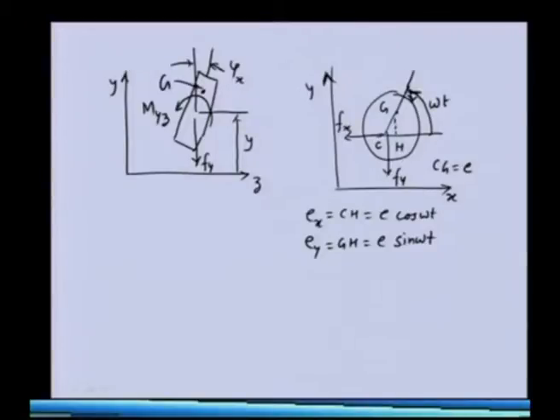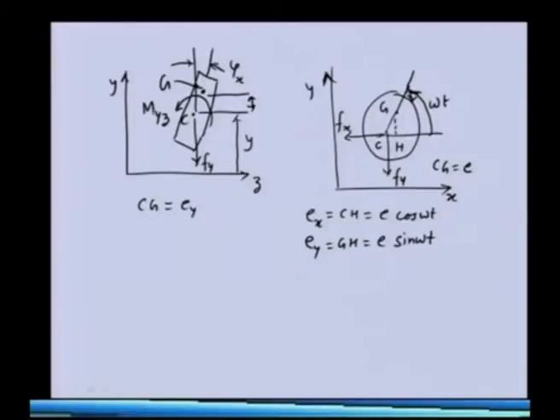This is the g, center of gravity, and the center of rotation is here. So, this particular distance, in the YZ plane, where CG is the component of the eccentricity in the y direction, that is EY.